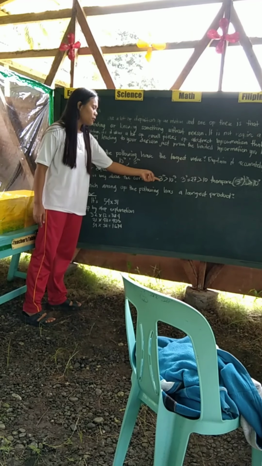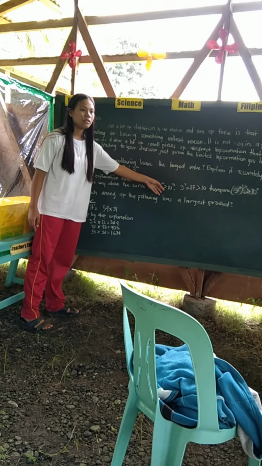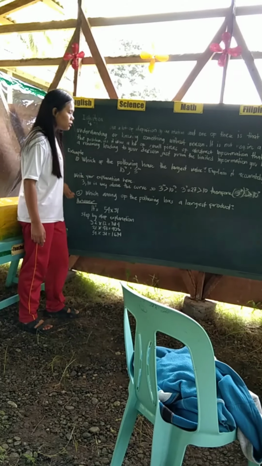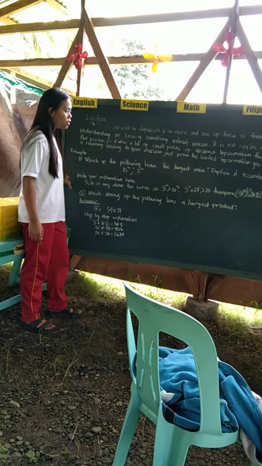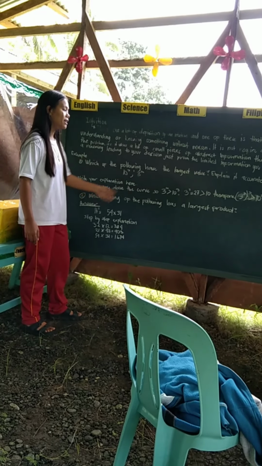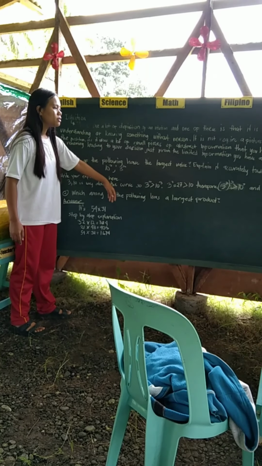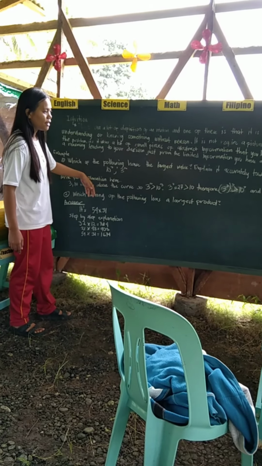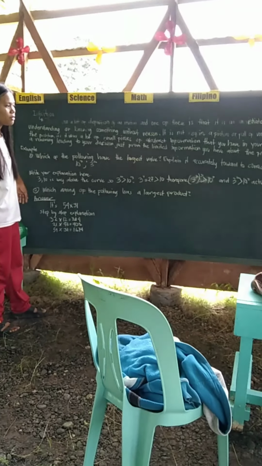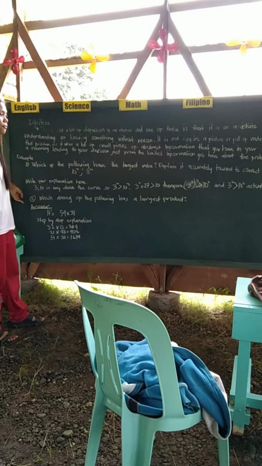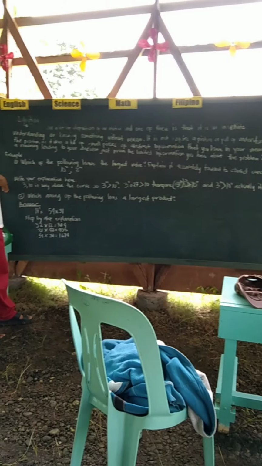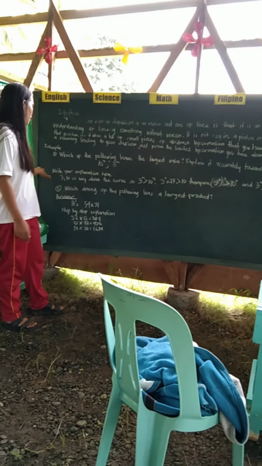So 3 to the power of 10 is greater than 10 cubed. 3 cubed is equal to 27, which is greater than 10. Therefore, 3 cubed is greater than 10 to the power of 3, and 3 to the power of 10 is greater than 10 cubed. Actually, it is much greater.